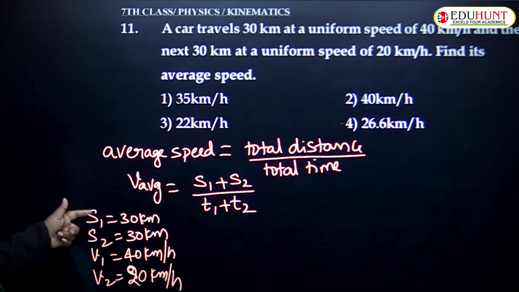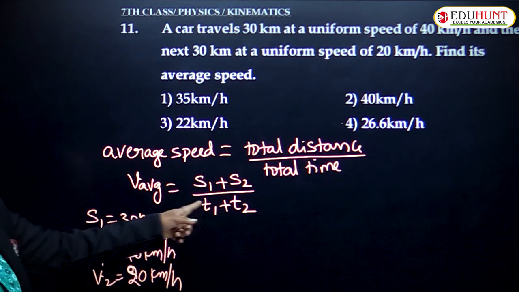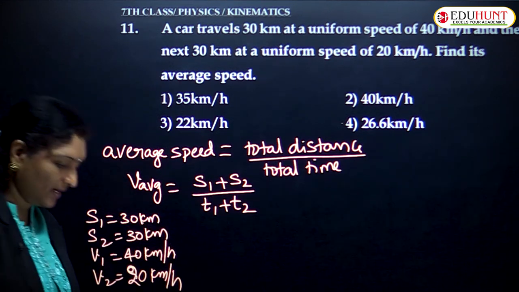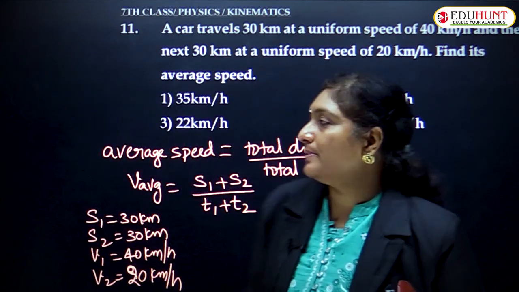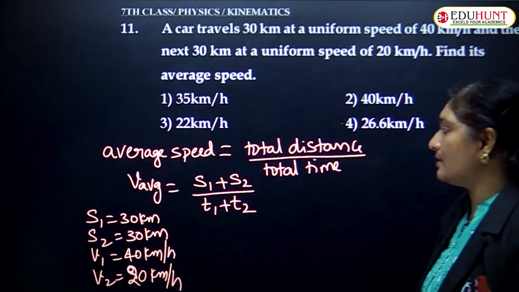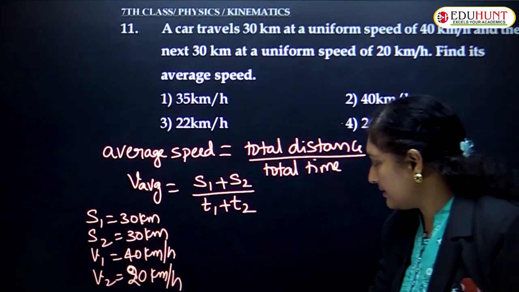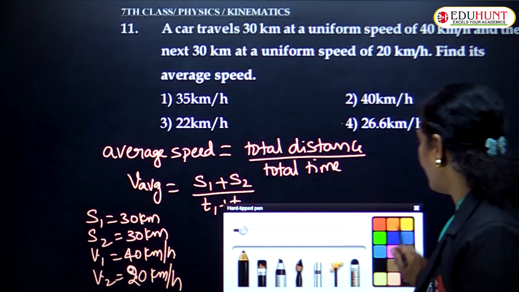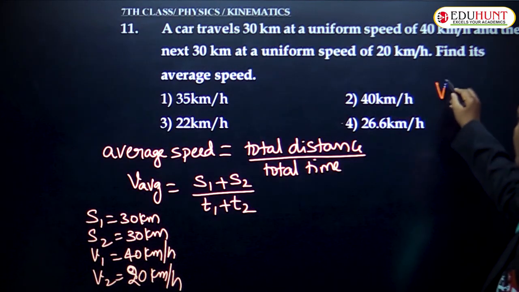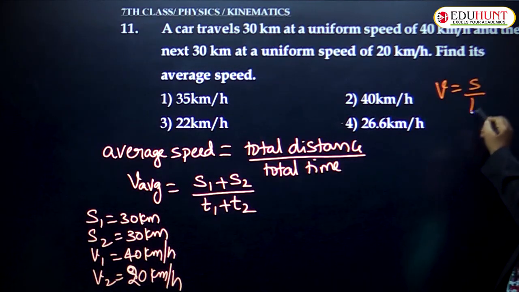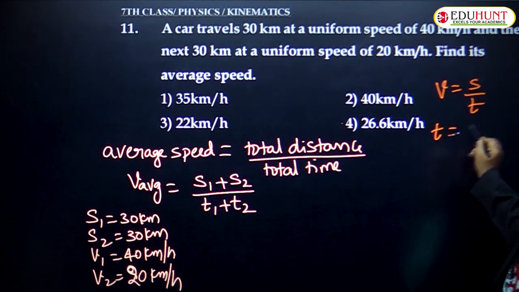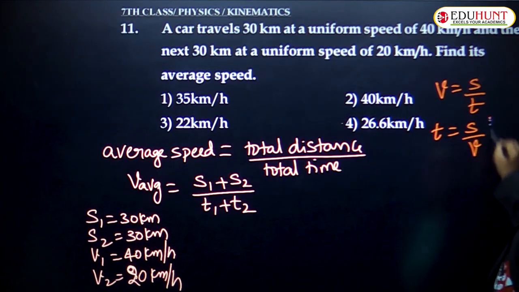But here S1, S2 and V are there, but in the formula we have T1 and T2. So it's our responsibility to convert T in terms of S and V. Here we go, children, once again we know that speed equals distance by time. To find time, time can be written as distance by speed.